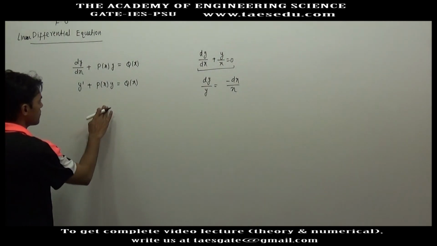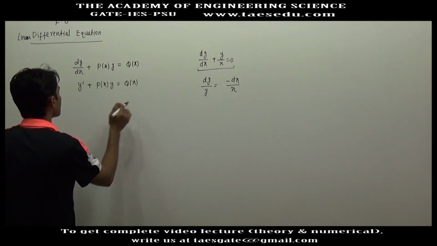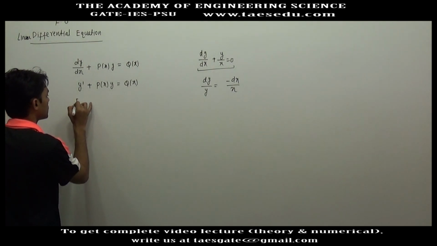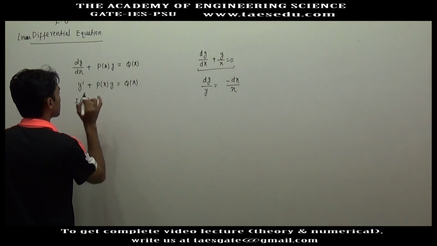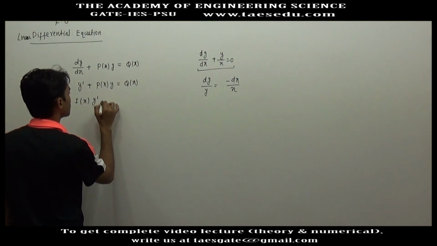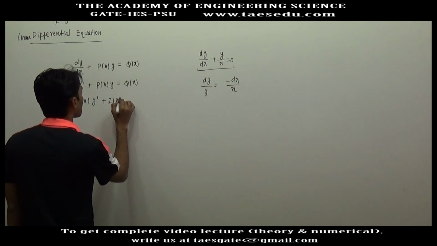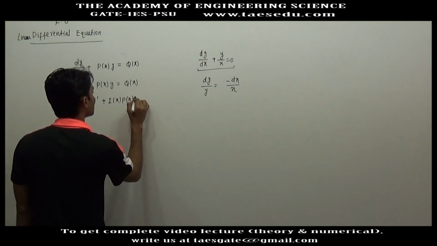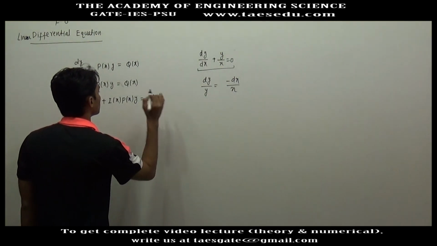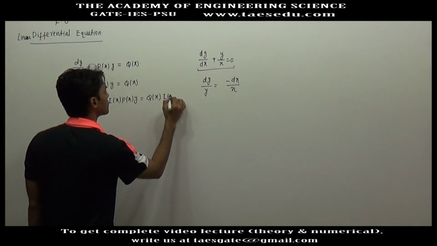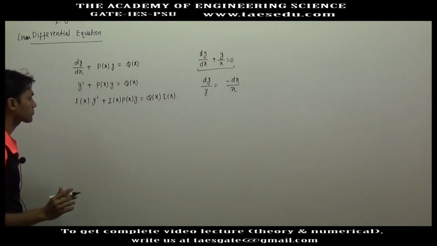So in this case we will first multiply both sides with a function of x. Let's say that function is I(x). So I(x) into y dash plus I(x) into p(x) into y is equal to q(x) into I(x).